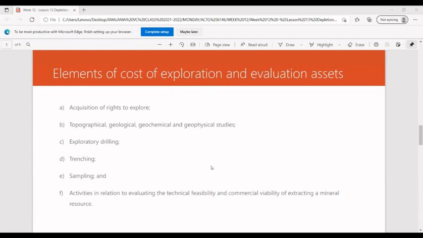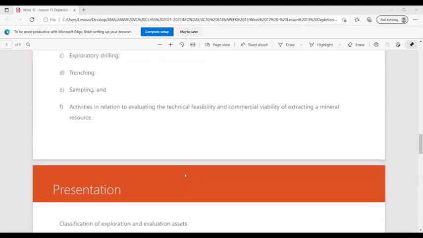So the elements of cost of exploration and evaluation assets are acquisition of rights to explore, topographical, geological, geochemical, and geophysical studies, exploratory drilling, trenching, sampling, and activities in relation to evaluating the technical feasibility and commercial viability of extracting a mineral resource.